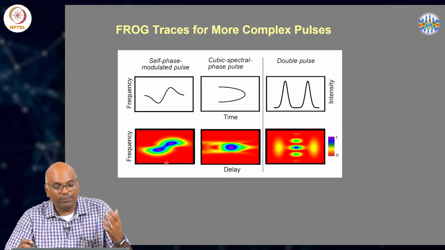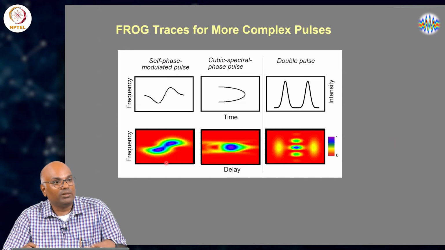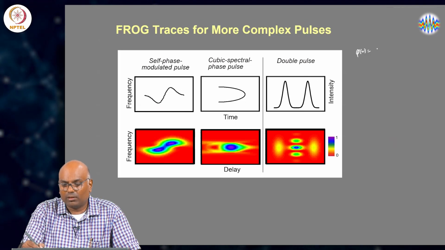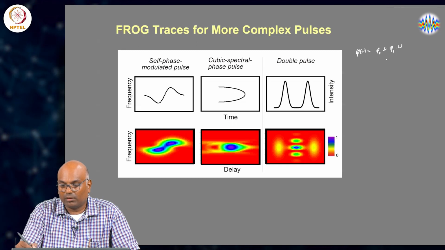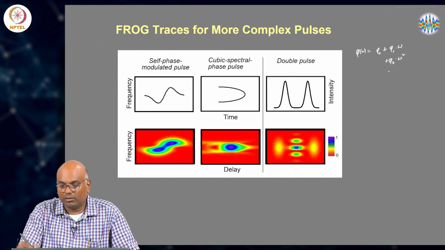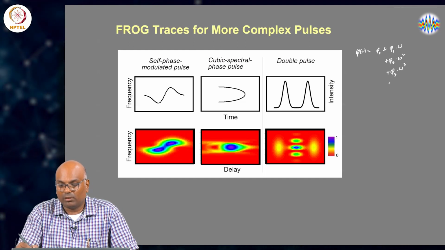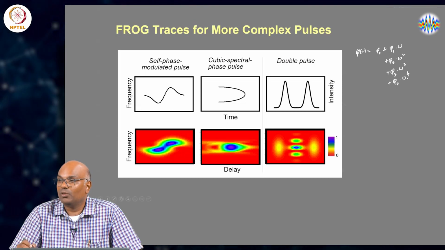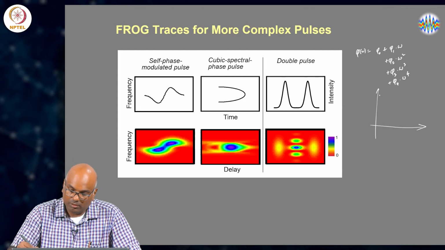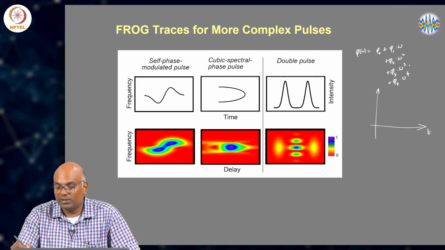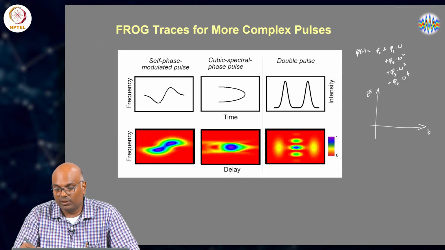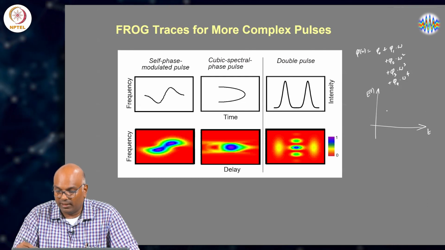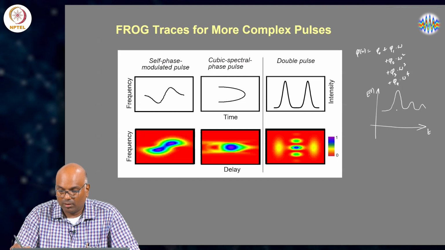If there is substantial cubic spectral phase in the pulse, remember that the odd terms in the spectral phase expansion we discussed earlier, one of the features of a pulse with a third order term, which is quadratic chirp, is that it had a pedestal, a satellite on one side of the pulse.